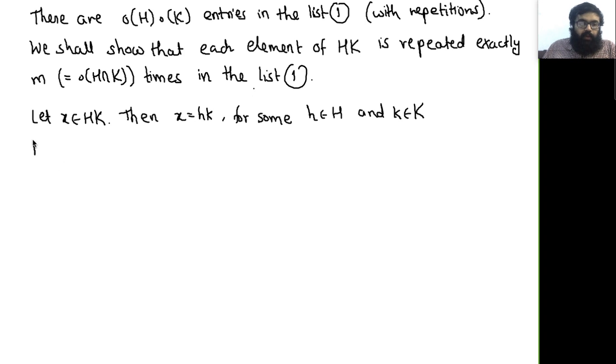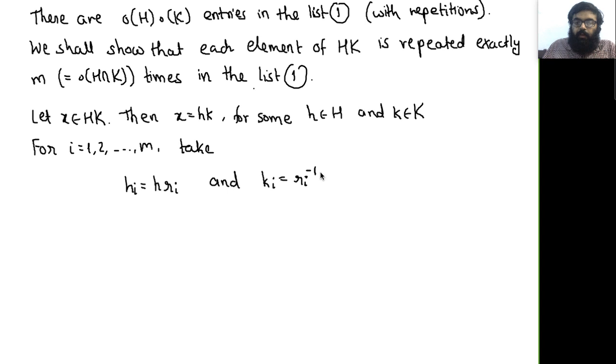For i equals 1 up to m, take hi equals h ri and ki equals ri inverse k.